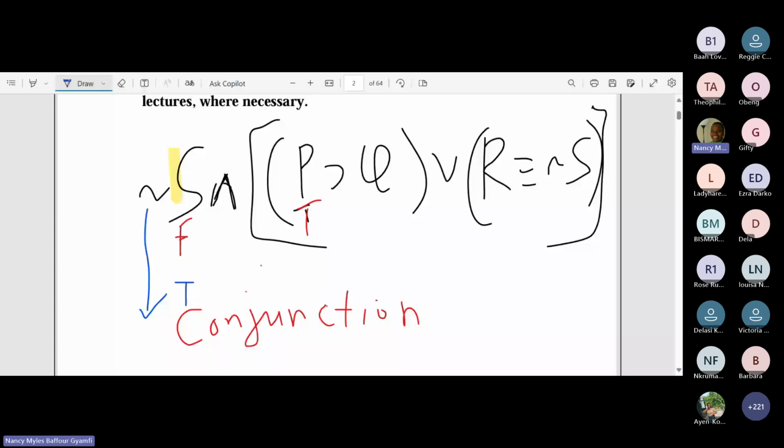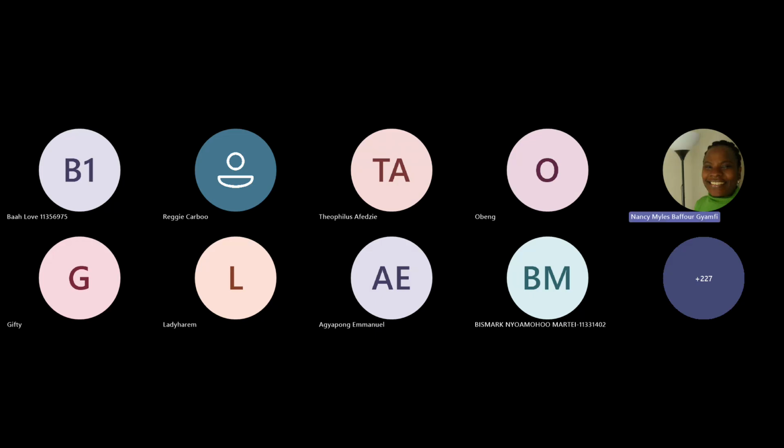Okay. Now, let me just stop sharing and reshare. Please focus on what I'm showing you to remind you of what we did in weeks 1 and 2, which is part of elements of formal logic, but it is important for your preparation for the exam. I've stopped sharing now.